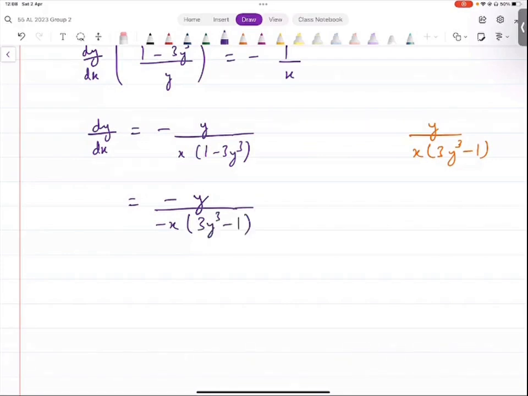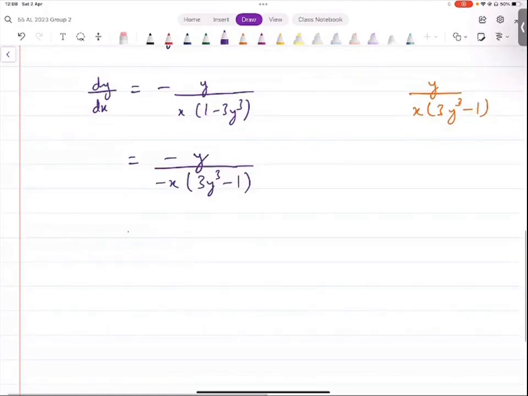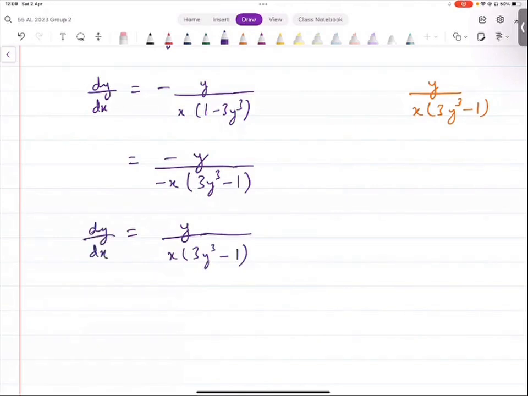Now this -1 and -1, they get cancelled, and we are left with y over x into 3y cube minus 1. That's dy over dx.